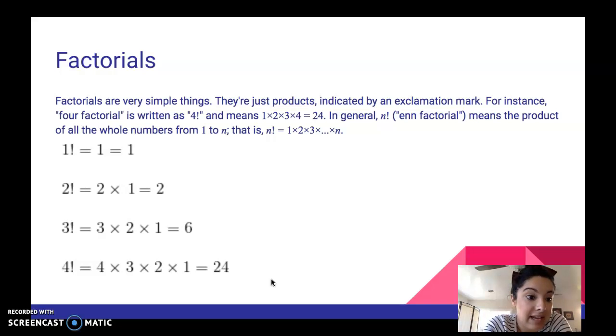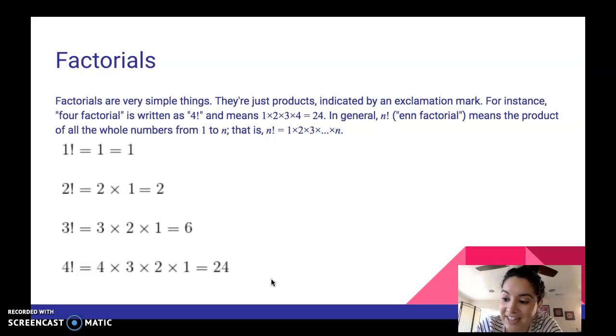So let's look at these examples right here. We have 1 factorial. Well, we're making n equal to 1, but we said that it's the product of all whole numbers from 1 to n. So if n's already 1, then we're just done. 1 factorial equals 1. Let's look at 2. So we're making n equal 2.